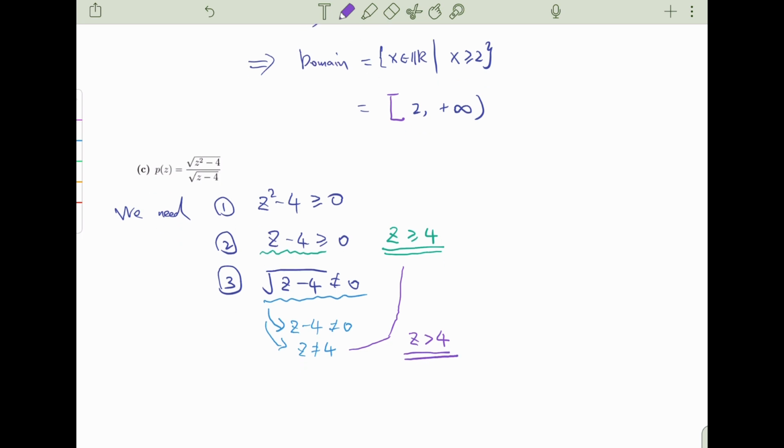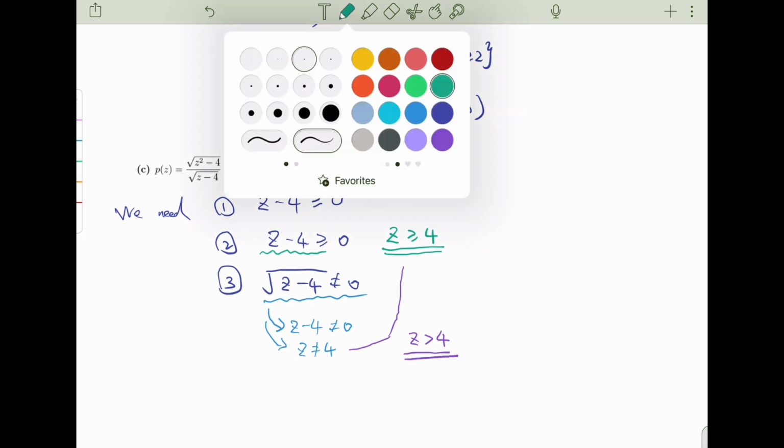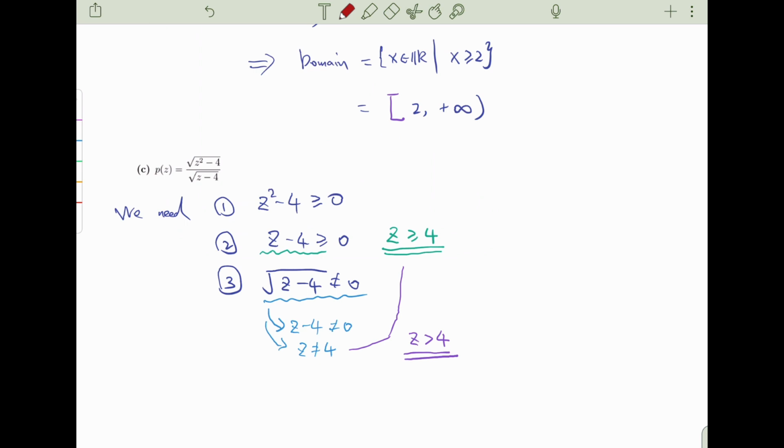Now let's take a look at the first condition here. It says z minus 4 has to be greater than 0, which means if we move the z to the other side, then this is z squared greater than 4, right?